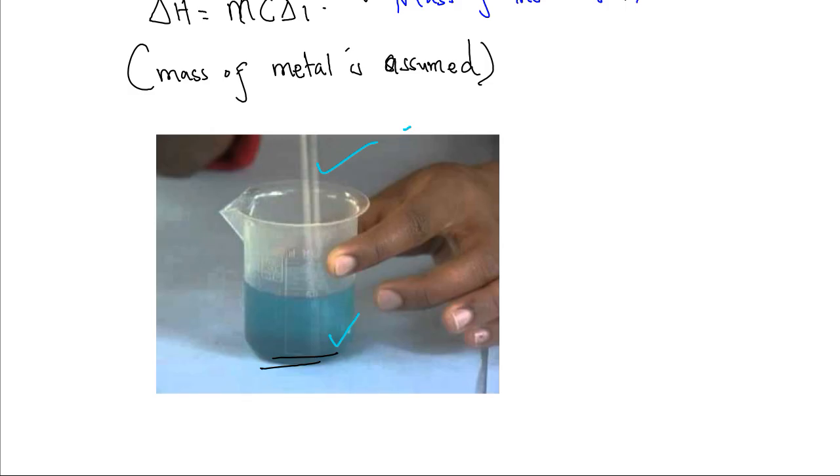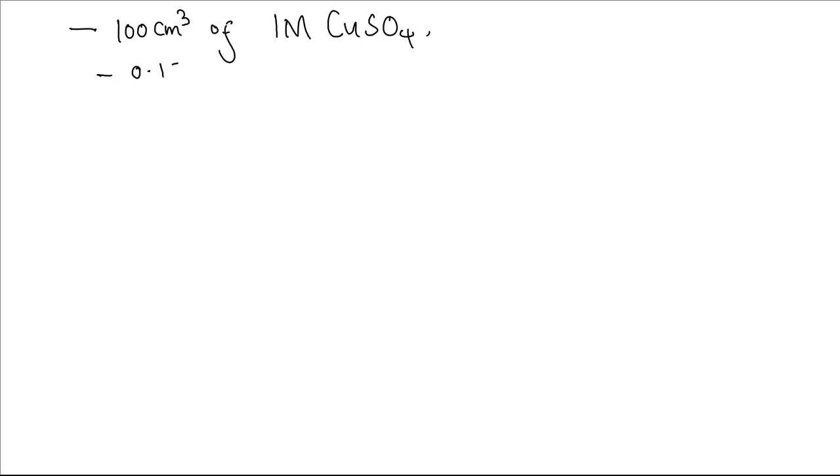Now, let's say that in this experiment there is use of the following: 100 cubic centimeters of 1 molar copper 2 sulfate, 0.15 grams of zinc powder.